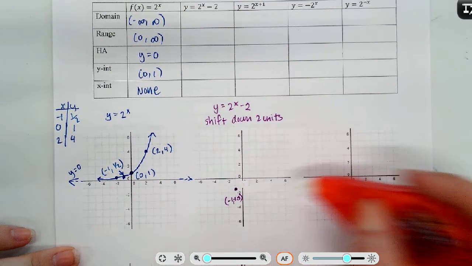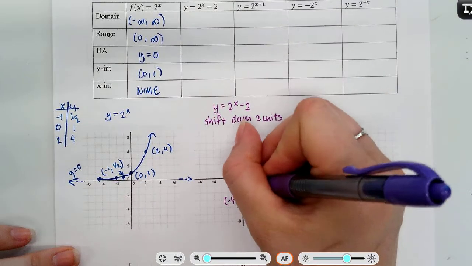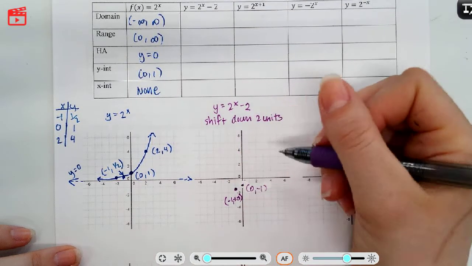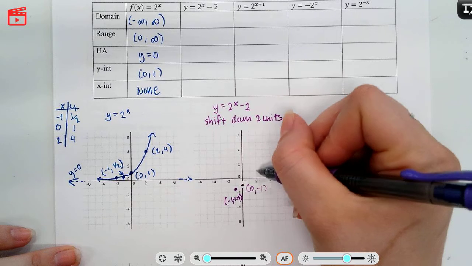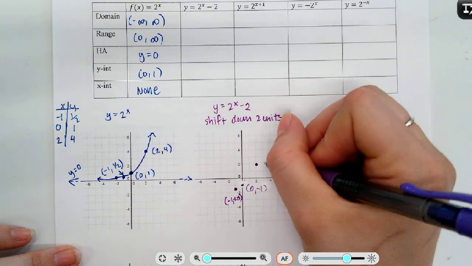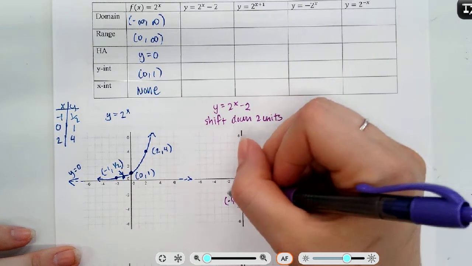Shifting down on the y value, that should be 0, -1. And then shifting down here on the y value is going to be 2, 2. Because we're subtracting from the y's.